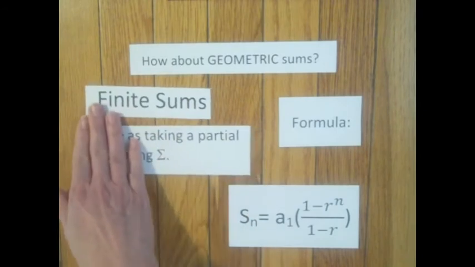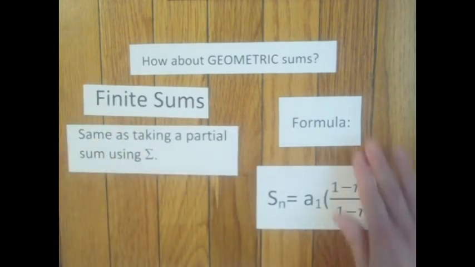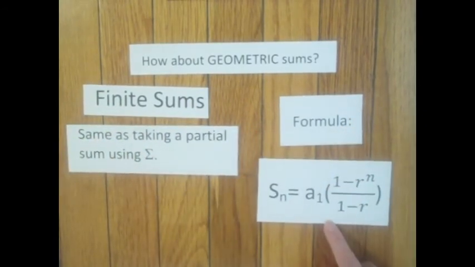It's not an easy one to memorize, and we'll talk more in class about the need to memorize this formula, but there is a formula to find a geometric sum that's finite.